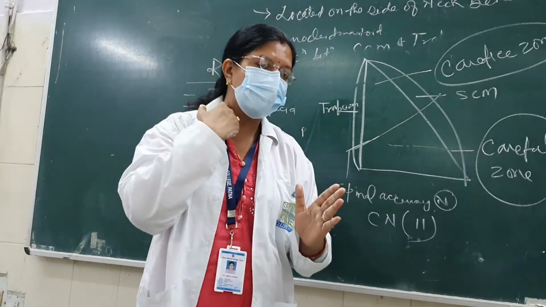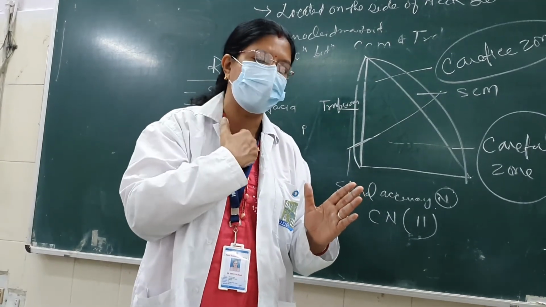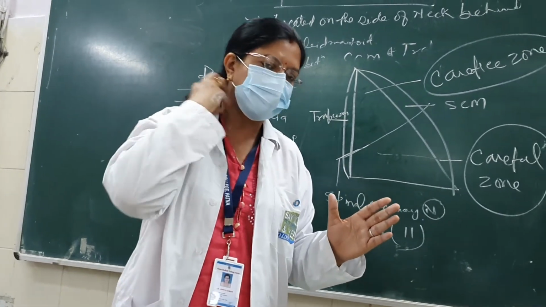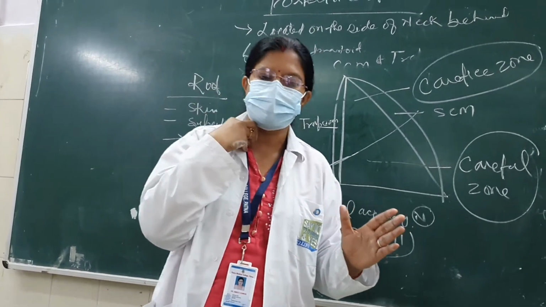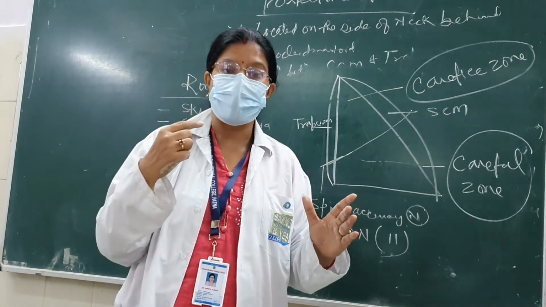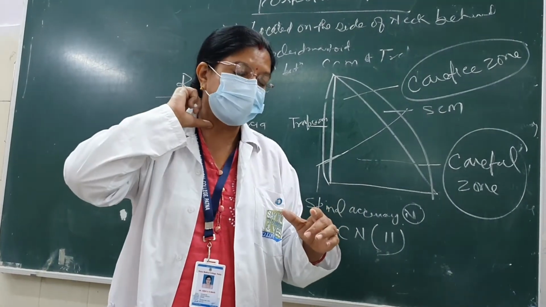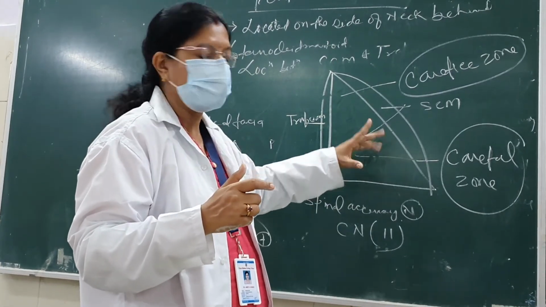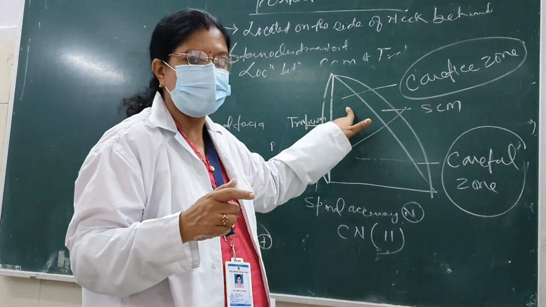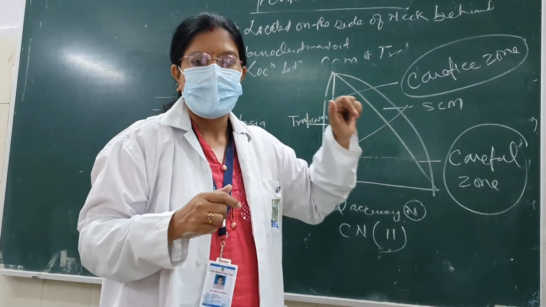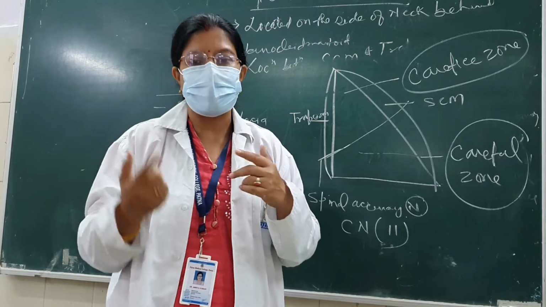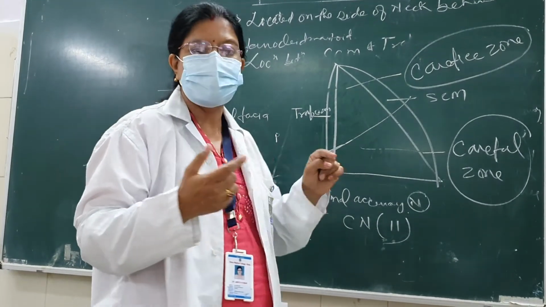So while removing anything from this area, say a patient comes to you with a big swelling or abscess here, and as a surgeon you are draining this area, but you have bunked your anatomy classes and you are not aware of this careful and carefree zone, and you have damaged that spinal accessory nerve.